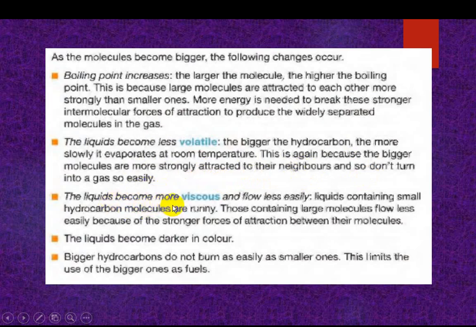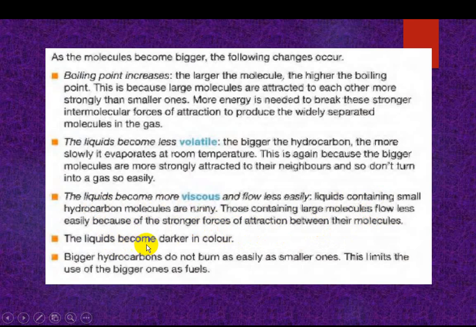The liquid becomes more viscous and flows less easily. Liquids containing small hydrocarbon molecules are runny; those containing large molecules flow less easily because of the stronger forces of attraction between their molecules.